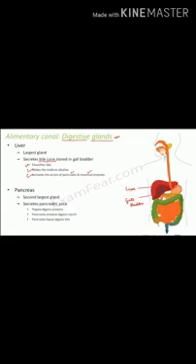Now what is the function of this bile juice? The function of this bile juice is it helps in emulsification of fats. That means the digestion of fats. The complex fats are converted into the simple fatty acids.